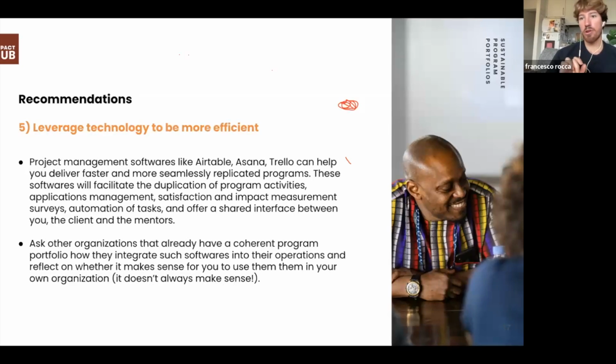And the fifth is how you can use technology to be more efficient. Here, again, it's another trade-off, because I can give you my own example. I work a lot with Excel, especially on timesheets and hour calculation, while there are other software like Harvest or Airtable or Odoo as a CRM that do the same job more automatically. But you also need to understand how difficult it is to implement in your organization and how much time it will take for everyone to use it, against what information you want to capture from it.